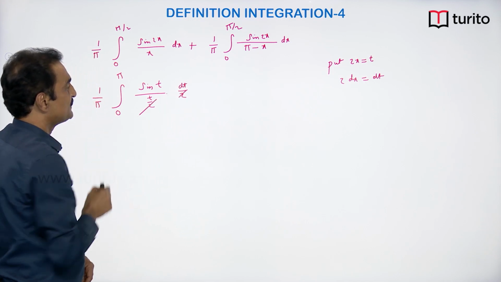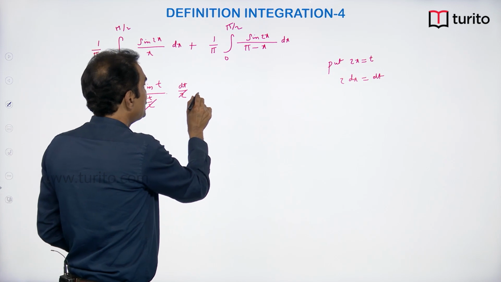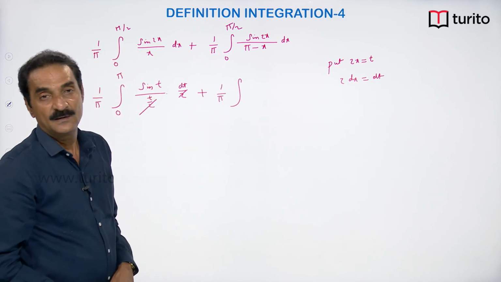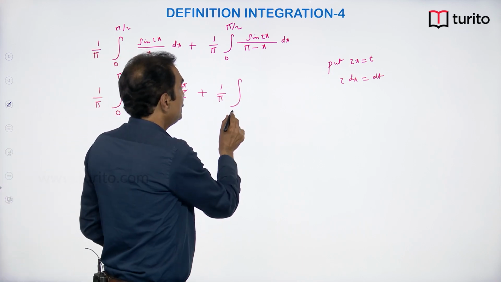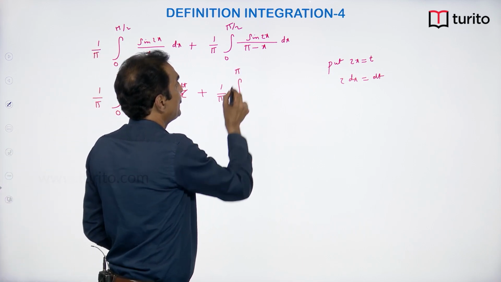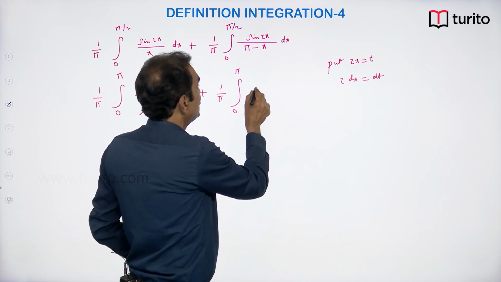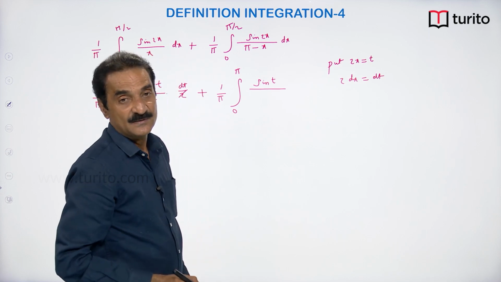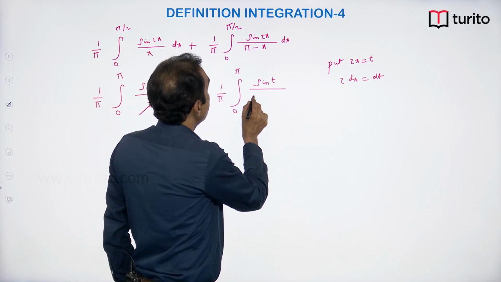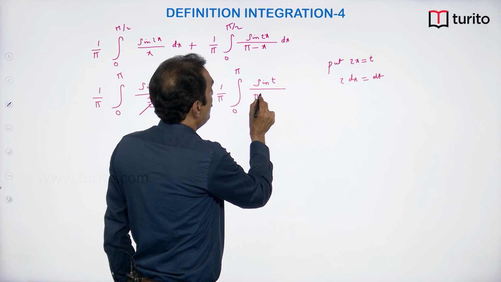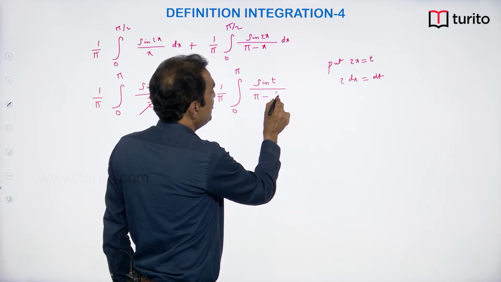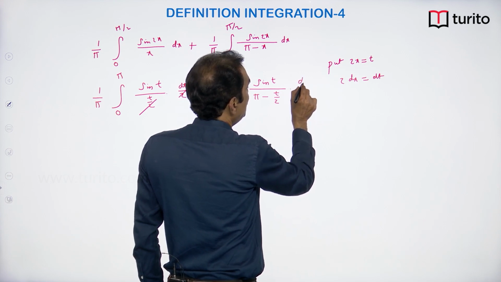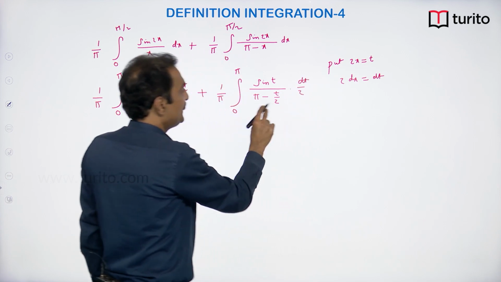So the 2 cancels, dt. Next, plus 1 by pi into integral, limits 0 to pi, numerator sin t and denominator, x is t by 2, now pi minus t by 2, into dt by 2.